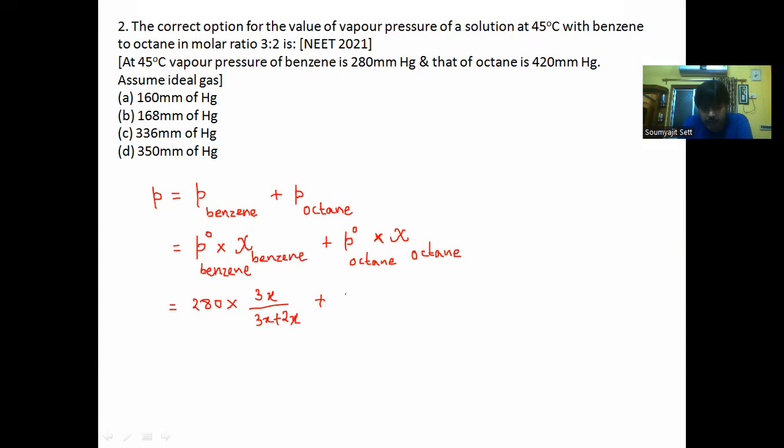Similarly, 420 into 2x by 3x plus 2x. So by calculating, we will get 336 millimeter of Hg. So that is the option C. C is the correct.